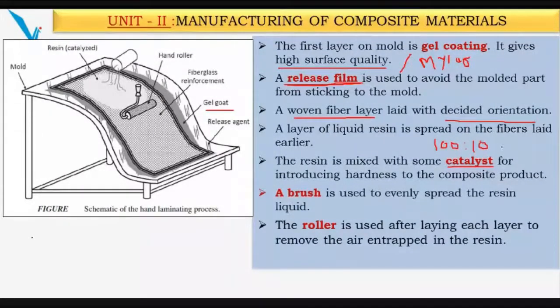If you use polyester, then it is 100:1:1.5, where one is for the catalyst and 1.5 is for the hardener or accelerator. In simple terms we call it a hardener. The catalyst initiates the reactions and the hardener accelerates the reactions and chain formation, which means curing time can be decreased by adding the hardener.